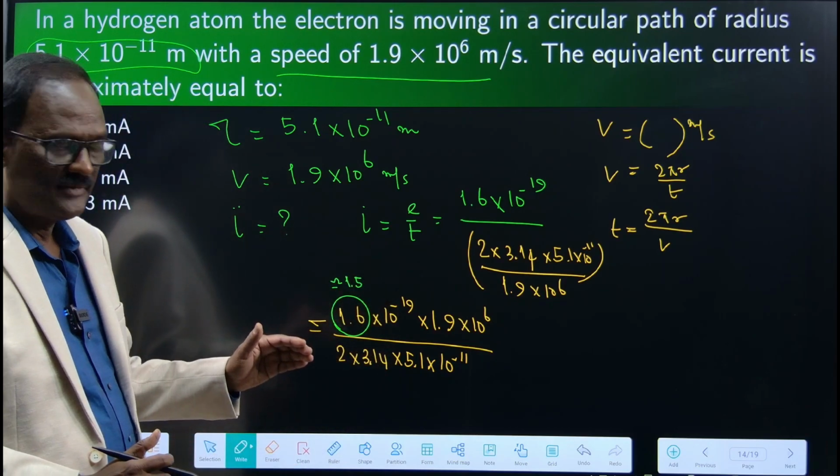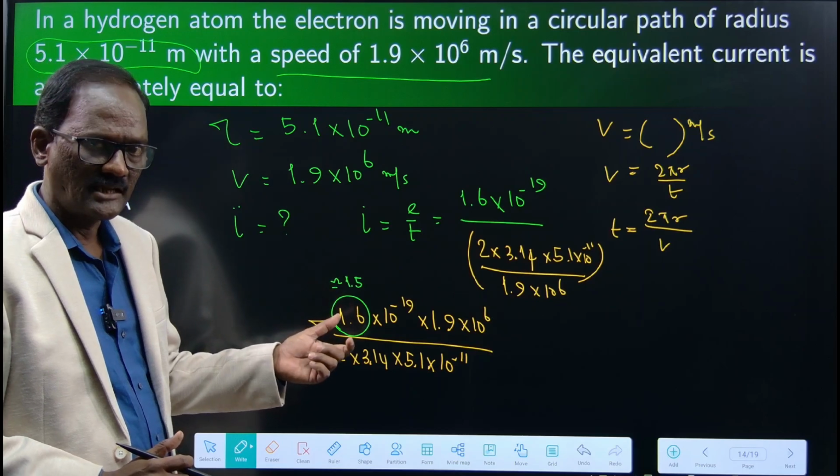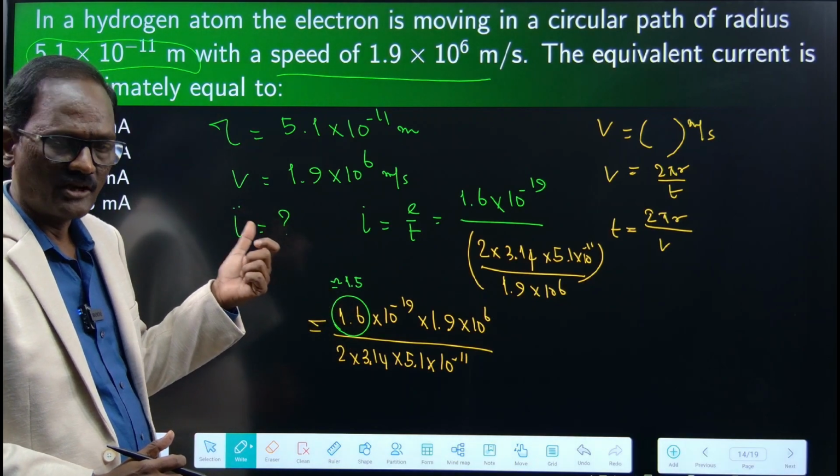So we will approximate it and find the nearest answer, then we can choose our option.